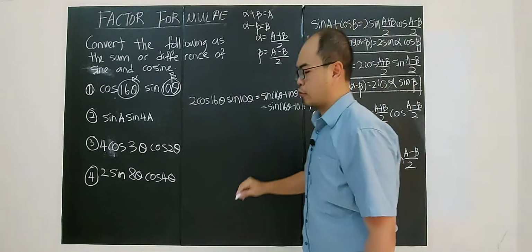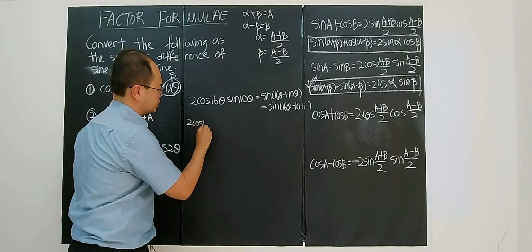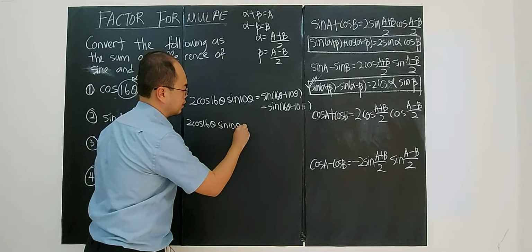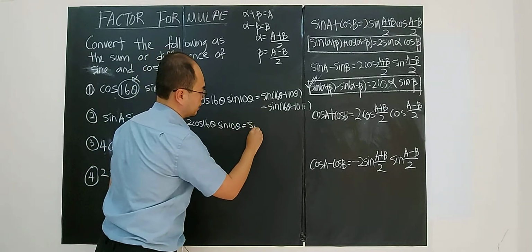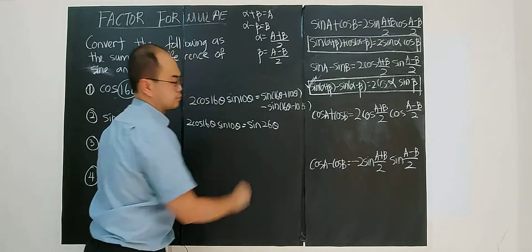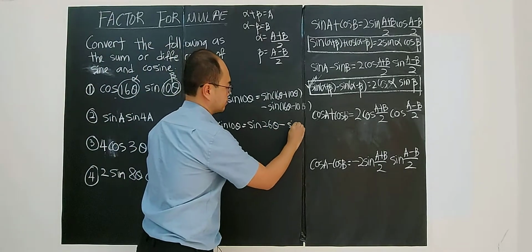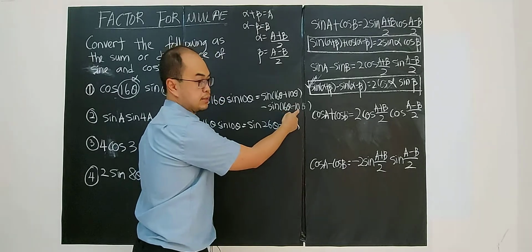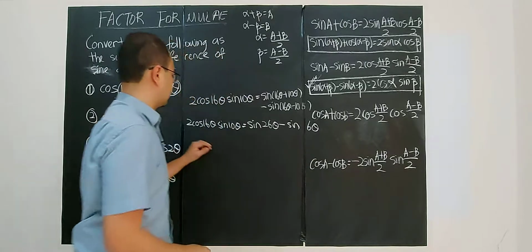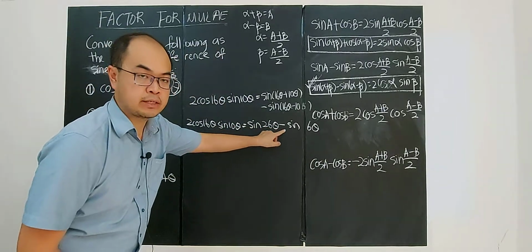So you have already converted 2 cos 16 theta sine 10 theta into sine 26 theta minus sine 6 theta. You see, product form becomes subtracting or addition form.